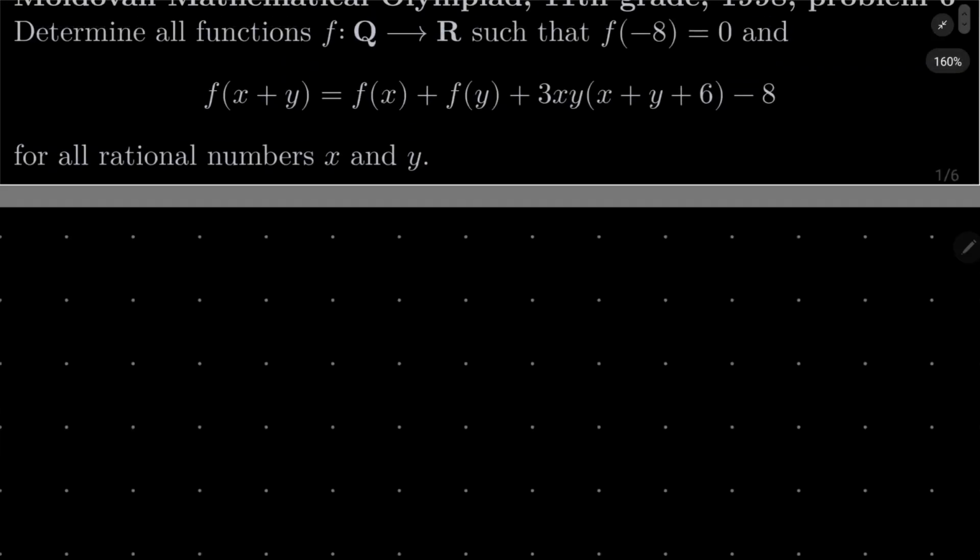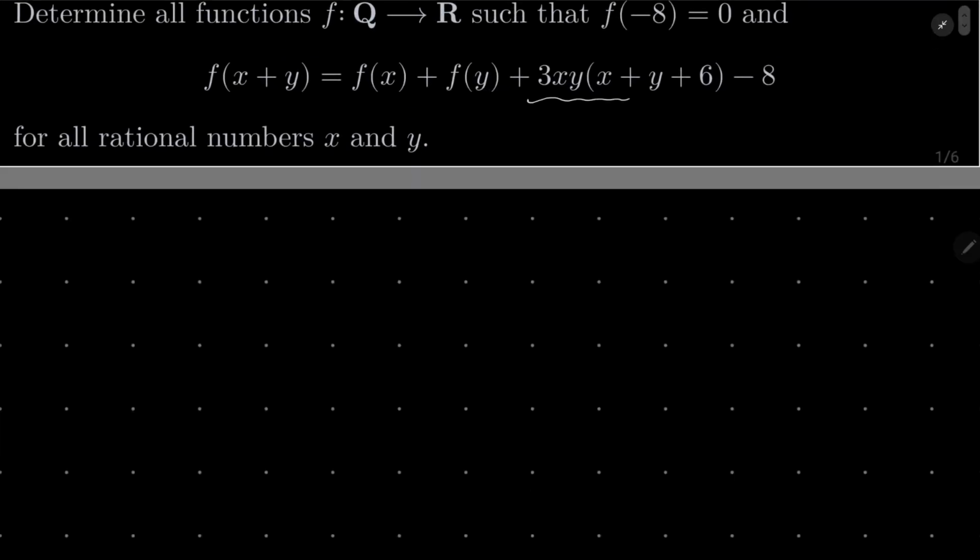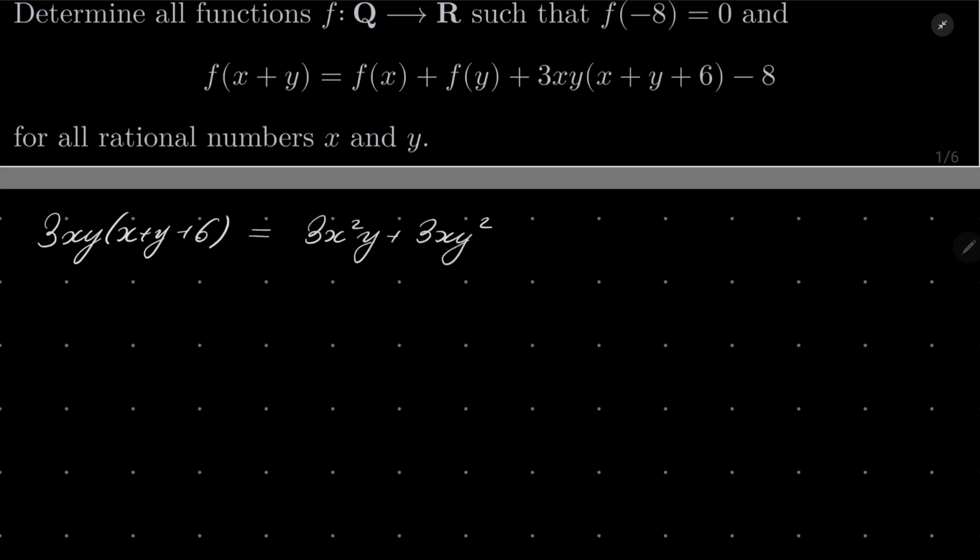All right. So as I suggested, let's start with this part, 3xy times x plus y plus 6, and let's write it in the following way. It's 3x squared y plus 3xy squared plus 9 times 2xy.